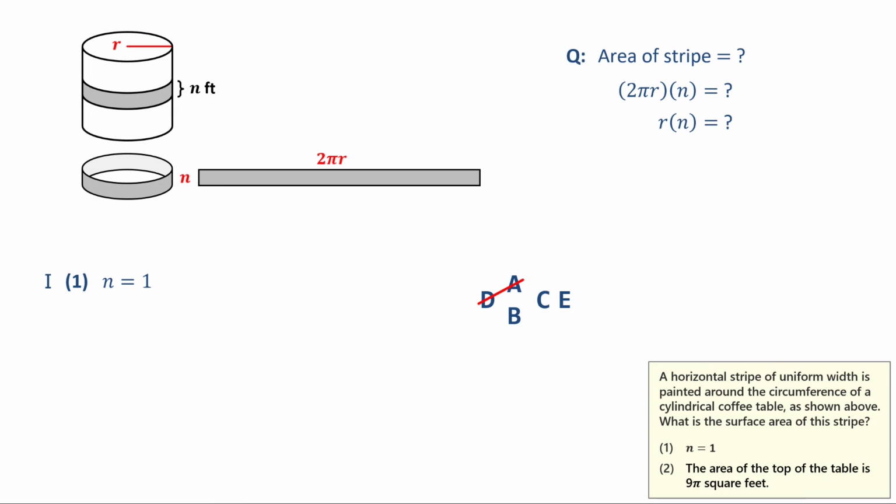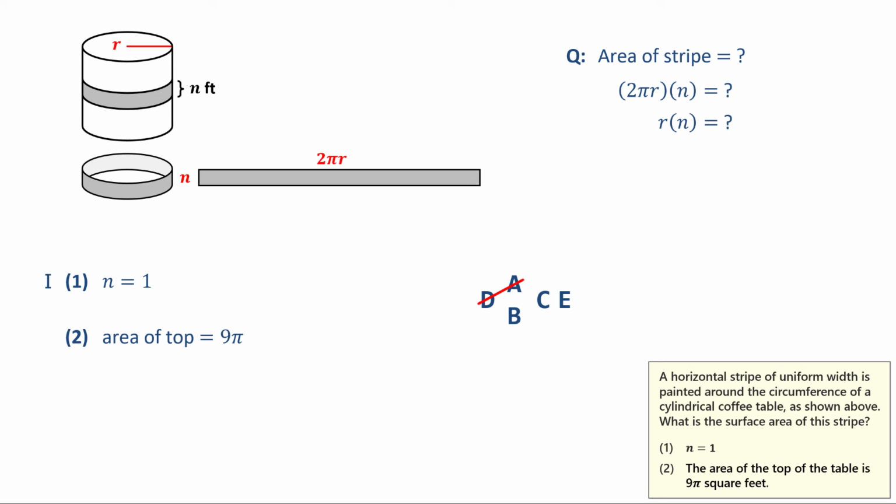And now, let's think about statement 2. It says, the area of the top of the table is 9 pi square feet. We can start by writing 2: area of top equals 9 pi. But let's try to express the area in terms of a formula.